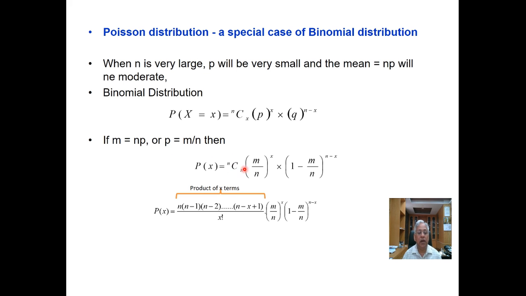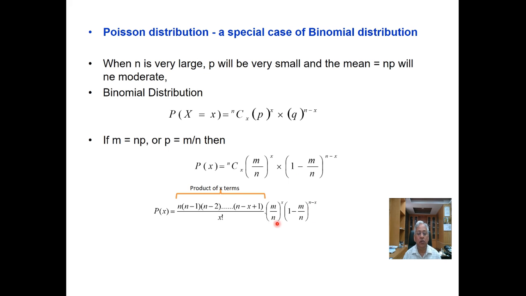NCx, if you expand it, will be n into n minus 1 into n minus 2 and so on, up to n minus x plus 1, divided by factorial x. Now, this is the product of x terms, and this remains m upon n to the power x, and q becomes 1 minus p, and therefore it is 1 minus m upon n to the power n minus x.